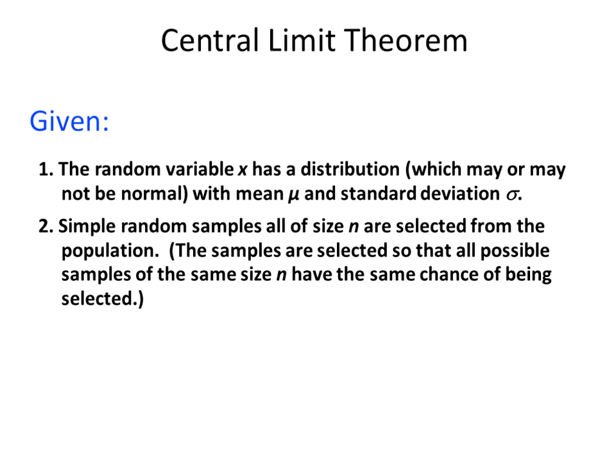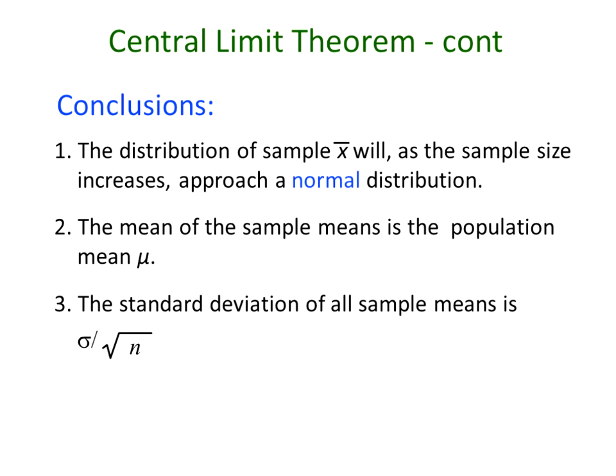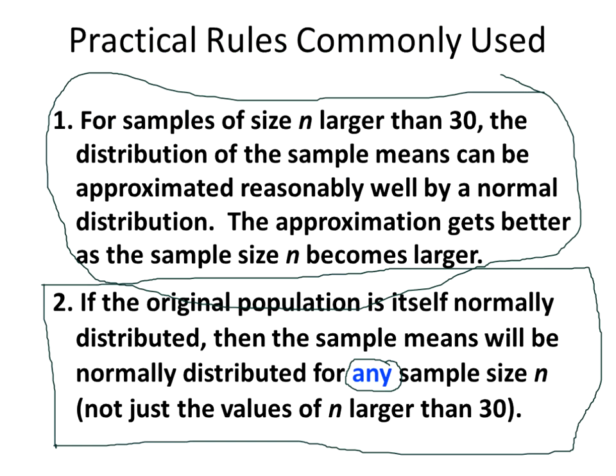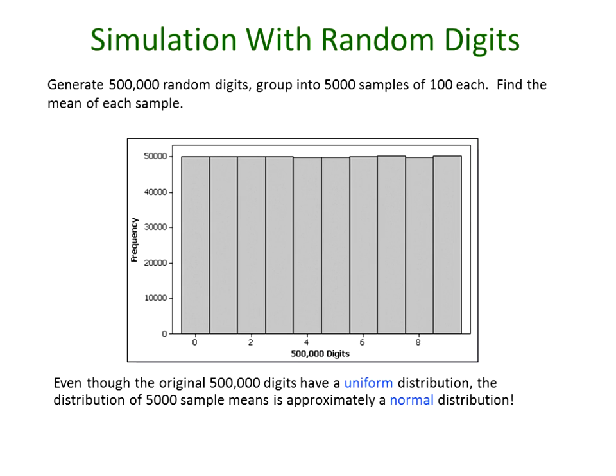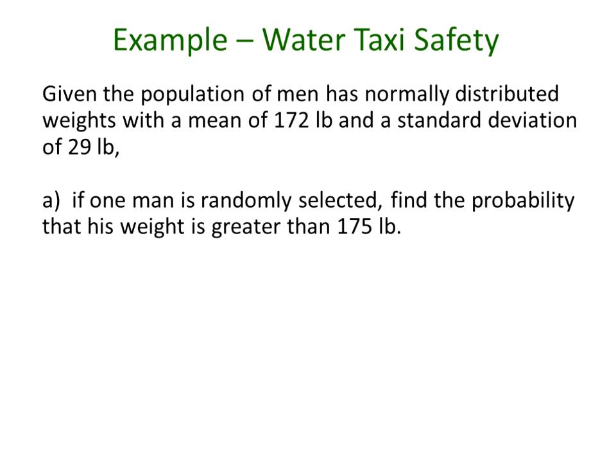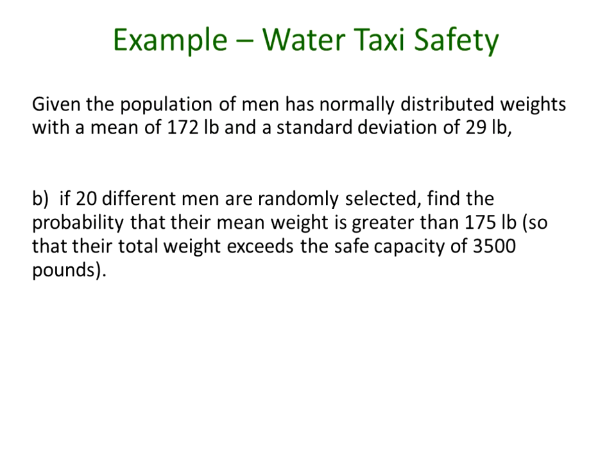But now what we're doing is we're now looking at not an individual, but we're now looking at samples. So in the past, we've been looking for the probability that a randomly selected individual was, that's just information about one randomly selected person.